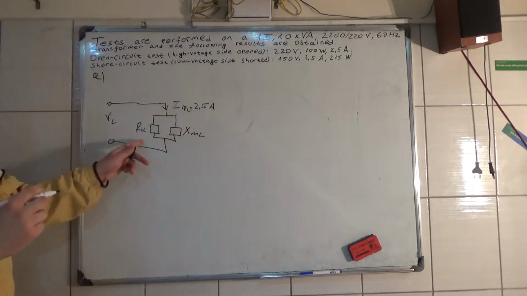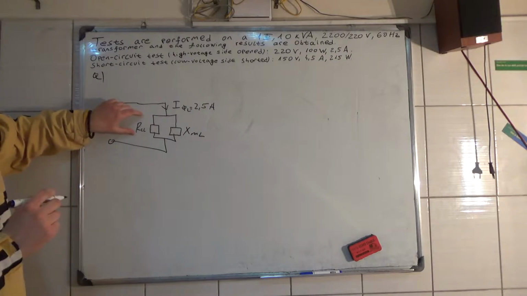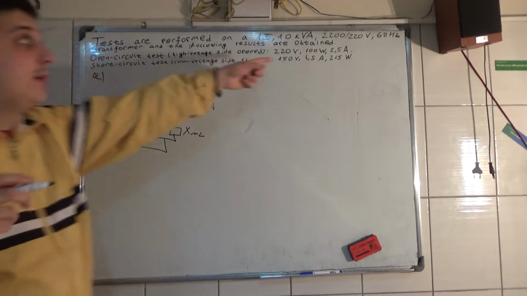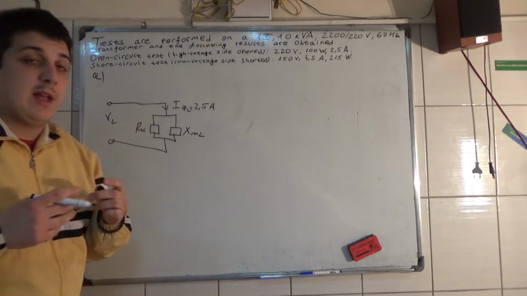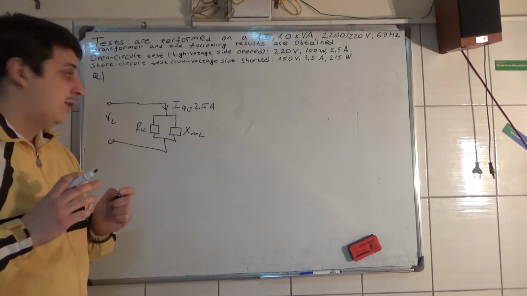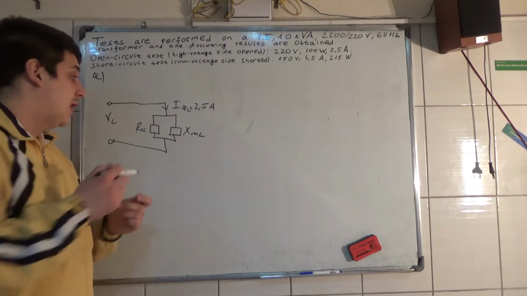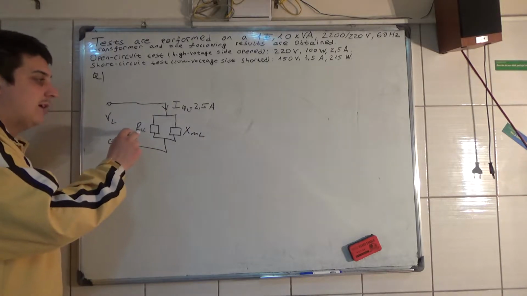Now, how can we determine the value RCL? Well, the wattmeter showed 100 watts of power, and that goes to the active loss, which is the core loss, which is equal to RCL.